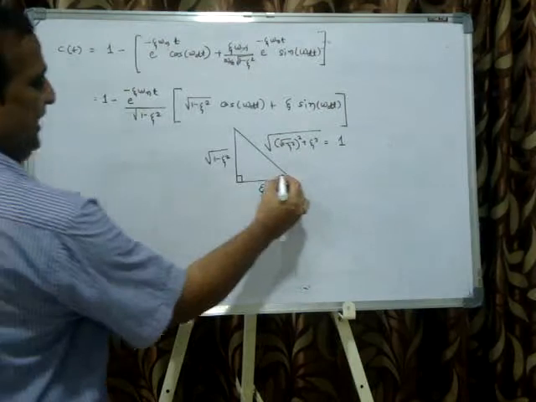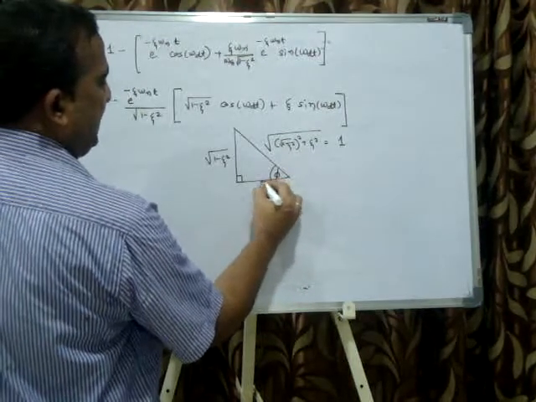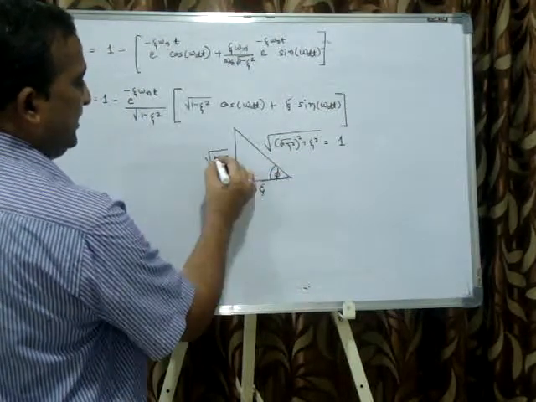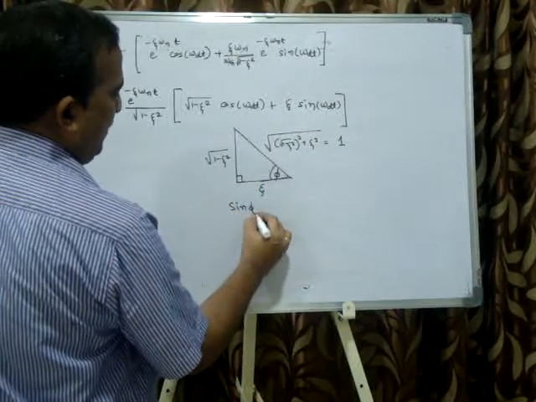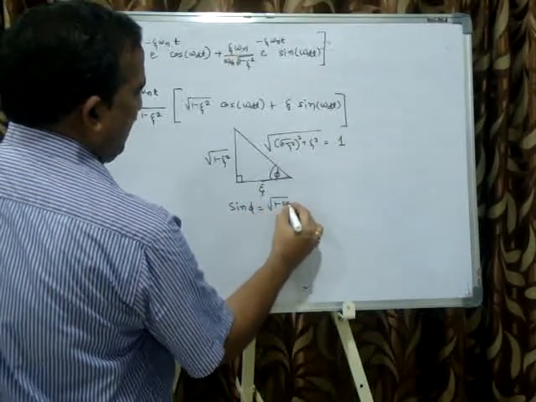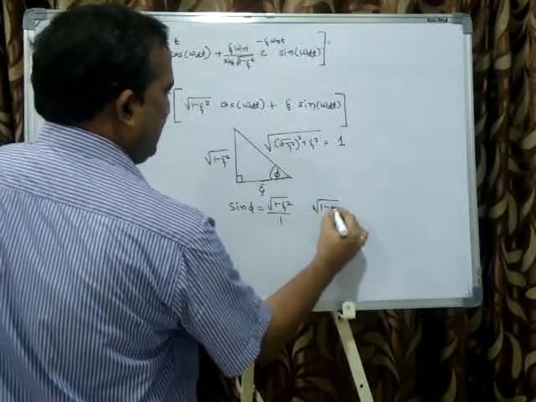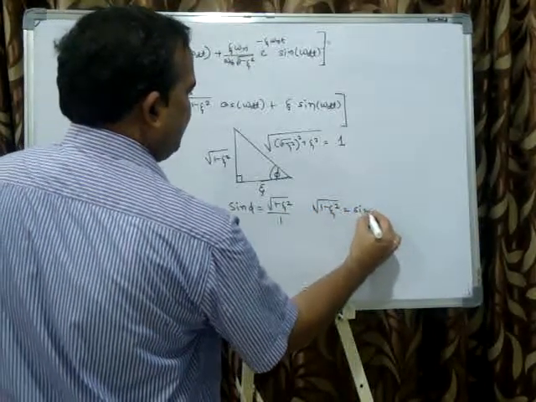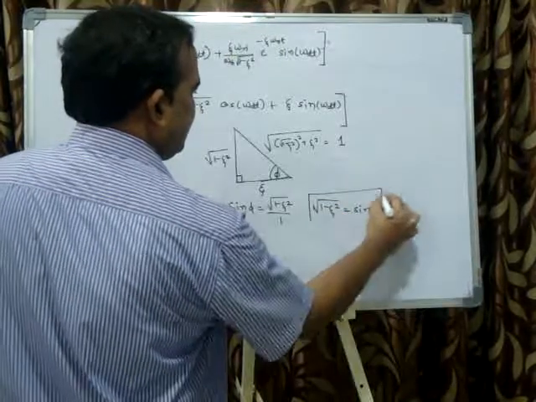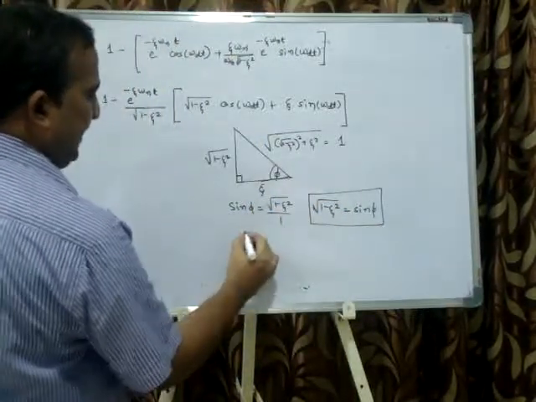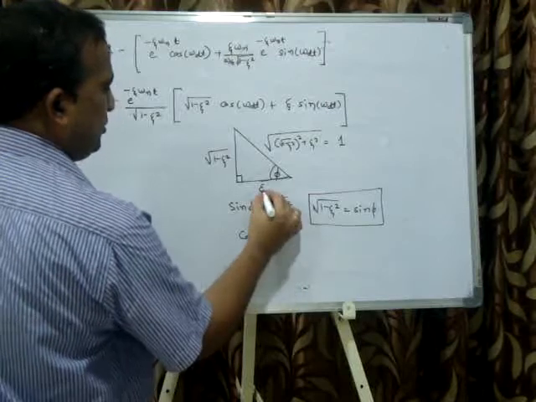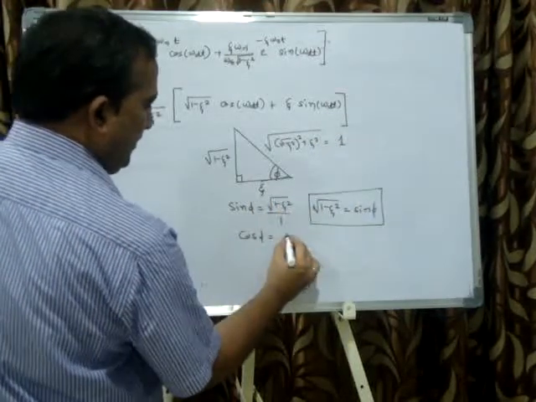Now suppose I take a phi, or it may be theta. Now sine phi equal to root of 1 minus zeta square divided by 1, so root of 1 minus zeta square is equal to sine phi. And here cos phi is equal to base divided by hypotenuse.